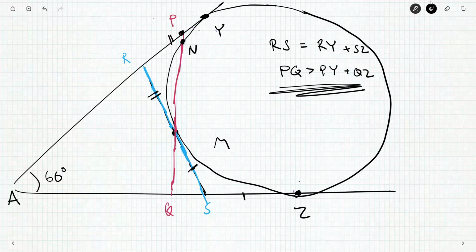I suppose we could use the power of a point theorem. So power of a point says if I have a certain point, it doesn't have to be outside, but ours are going to be outside. If I have a point here, call it, I don't know, D. And for our purposes, we'll need these other points.